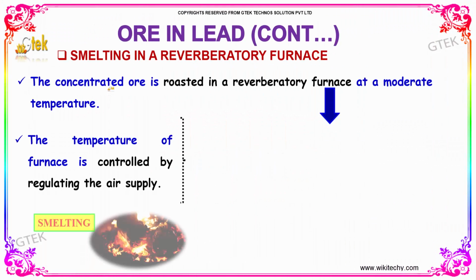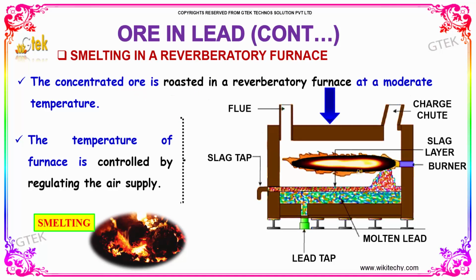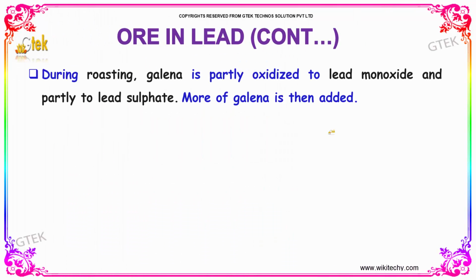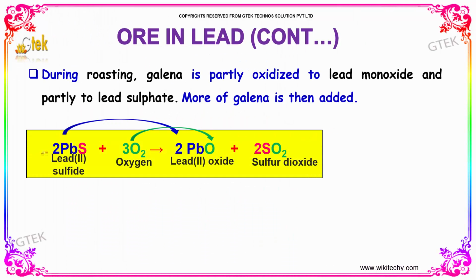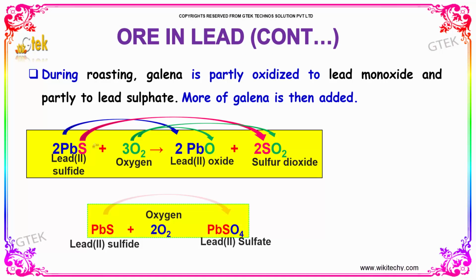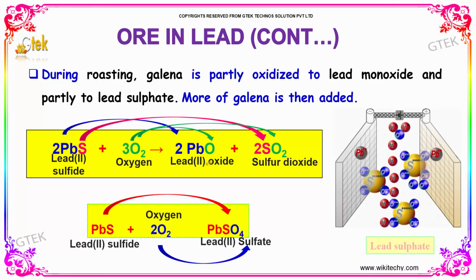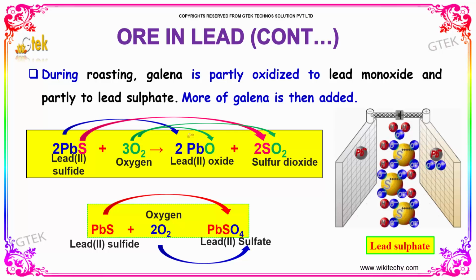So the concentrated ore is roasted in a reverberatory furnace at a moderate temperature. This is the smelting process. The temperature of the furnace is controlled by regulating the air supply in it. So during roasting, galena is partly oxidized to lead monoxide and partly to lead sulfate.